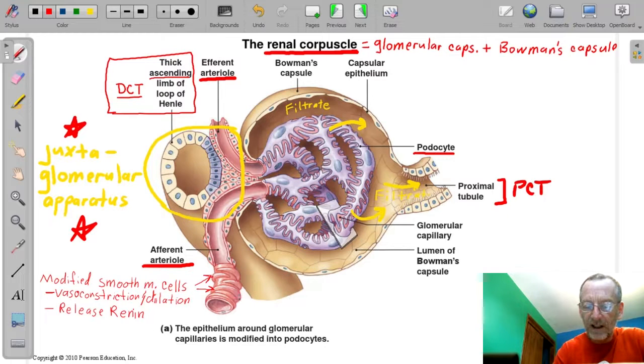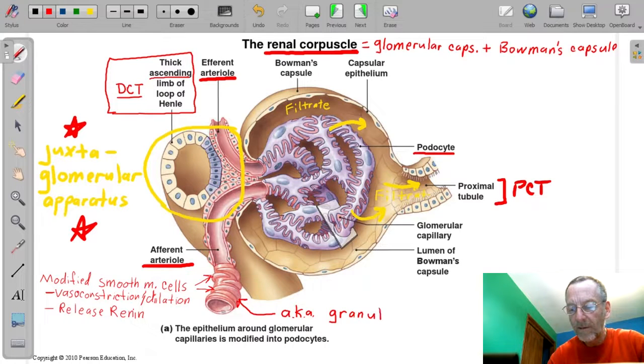And these modified smooth muscle cells are also referred to, so let's do AKA, also known as granular cells, or JG cells.